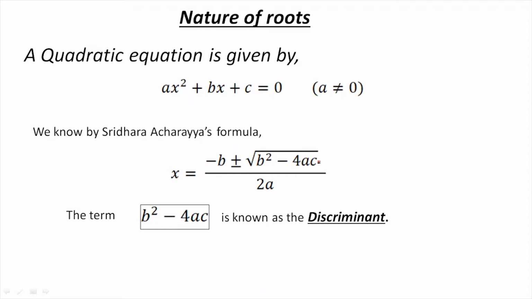After comparing with the standard equation, we'll get some values of a, b and c. After solving, we'll get some positive, negative or zero value, and that is known as the discriminant. How does it help to understand the nature of the roots?